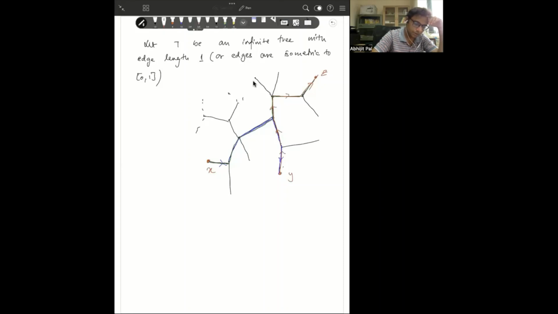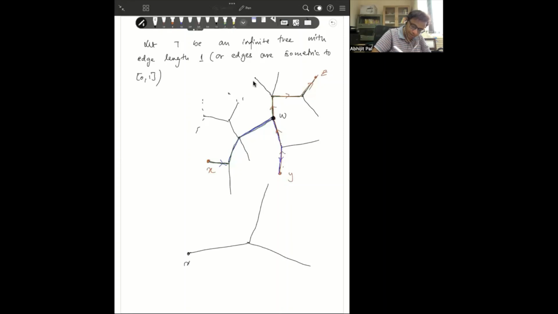So the triangle is something like this. You have a common vertex here for all these three sides.